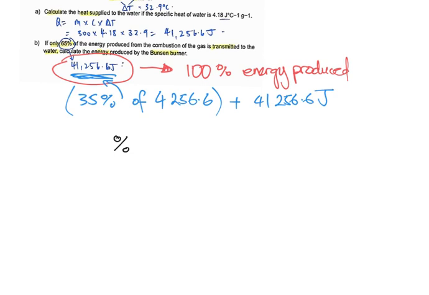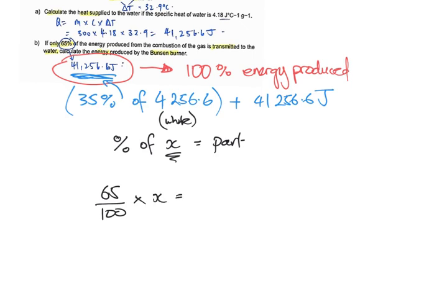So if we think about it as a percentage of our original amount, that will be our whole. We don't know what that is. It will give us our part amount. In this case, it would be 65 over 100 multiplied by x is going to give us 41,256.6 joules. Then what we do is we solve for x.